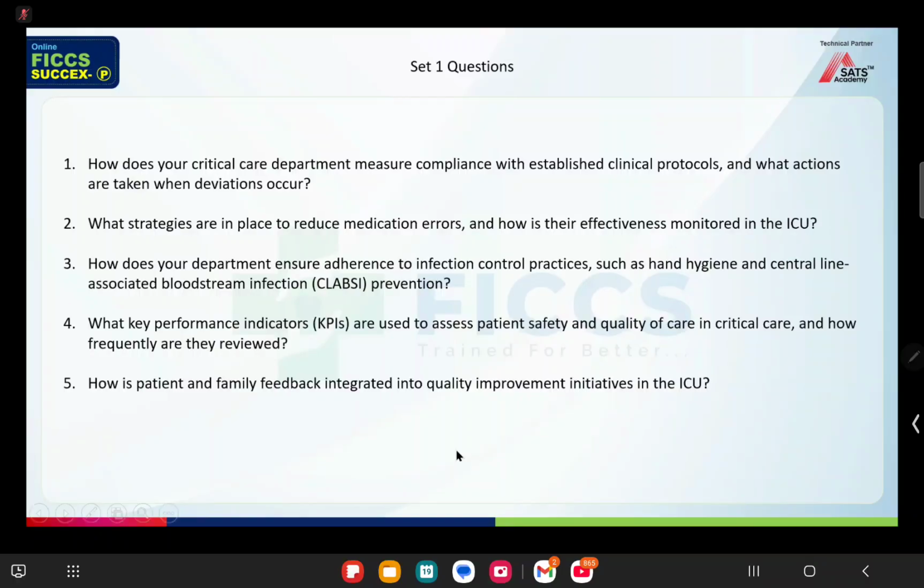And the CLABSI prevention bundle, just like that: whether the proper insertion has been done with chlorhexidine or not, whether there is an entry of it.